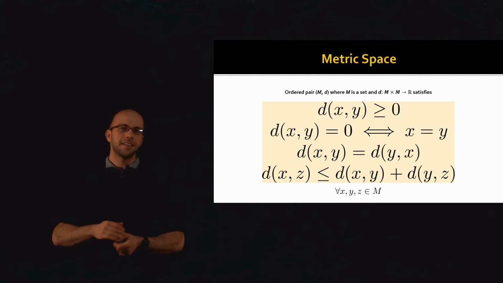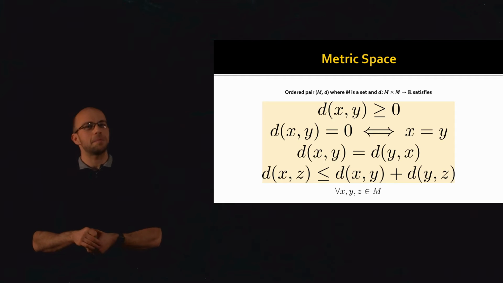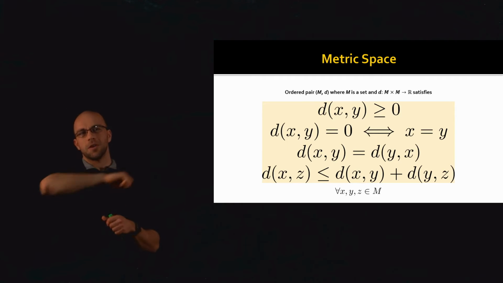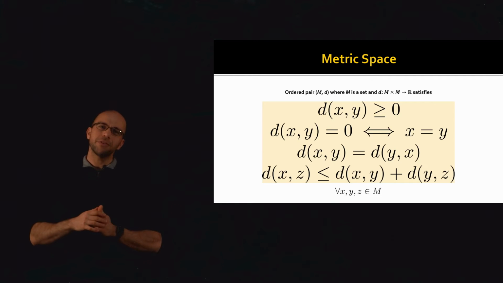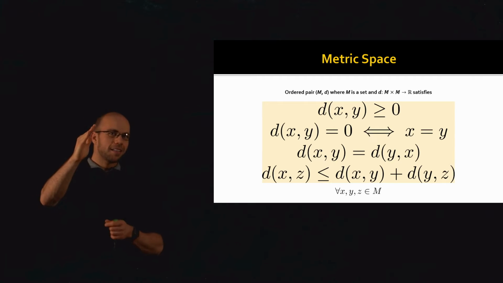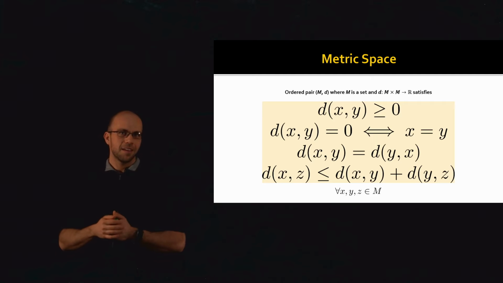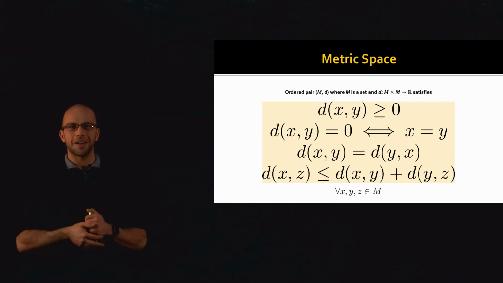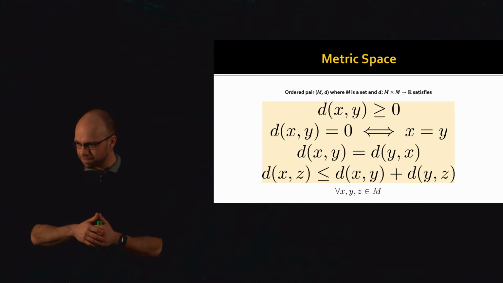So in other words, the distance from x to z is always upper bounded by the distance from x to y plus the distance from y to z for any other y. There's never a case where going through y somehow decreases the distance rather than going directly from x to z. That's what this fourth property, the triangle inequality, is trying to tell us.